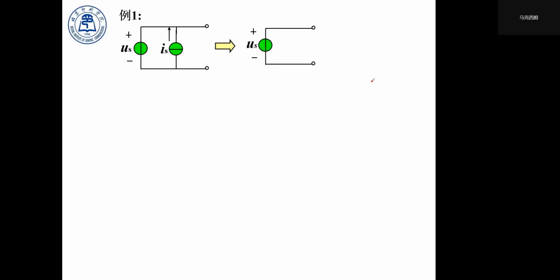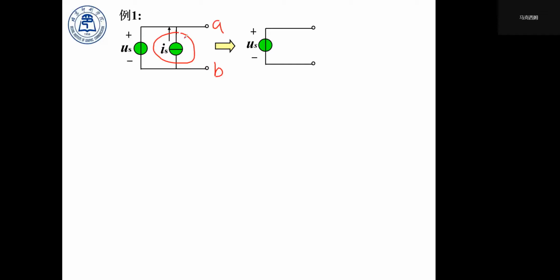Because we know that the current is only affected on this branch, but the voltage between point A and point B will always remain US.